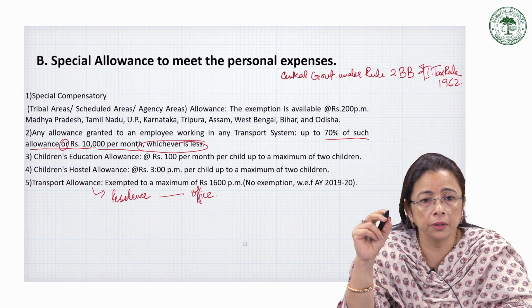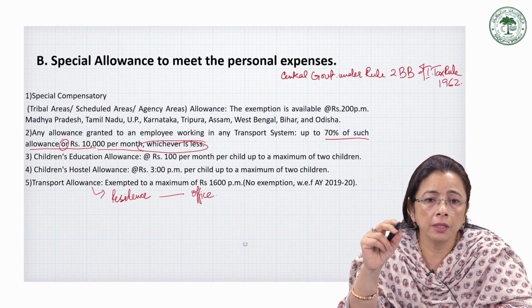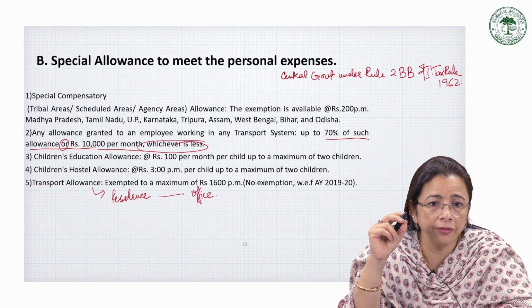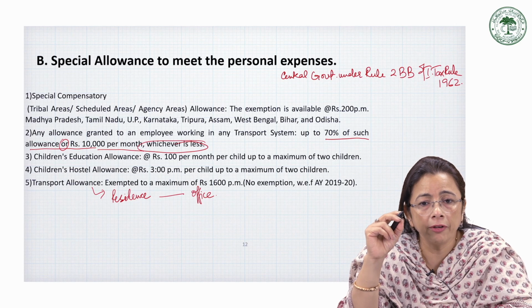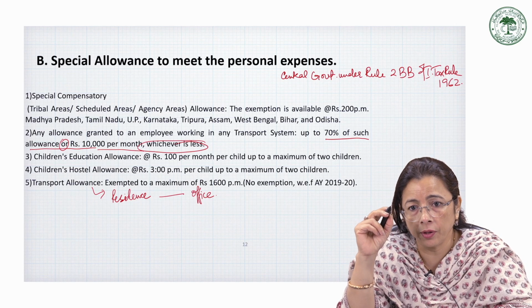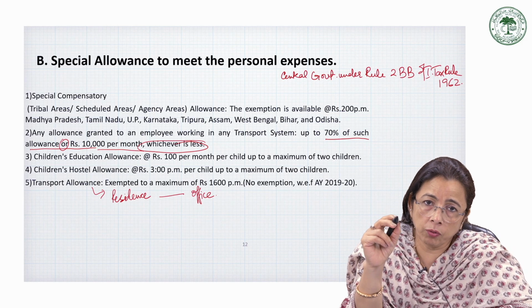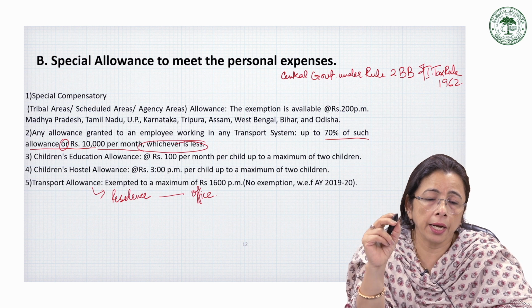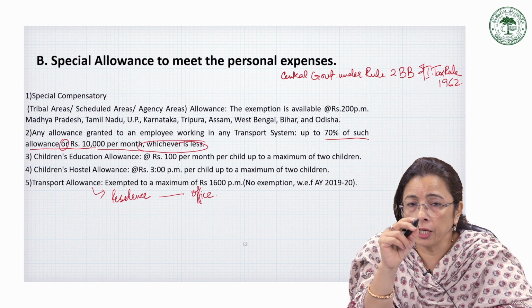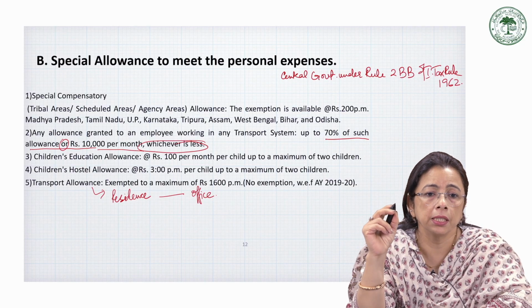Earlier, up to 2018-19, that is assessment year 2018-19, the provision was that a fixed exemption of rupees 1,600 per month was available to all salaried employees, regardless of their mode of transport or distance traveled. The exemption was limited only to rupees 1,600, and they did not consider any kilometers or distance between the workplace and the residence.